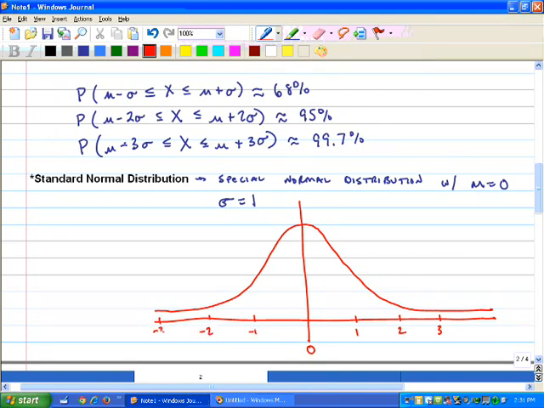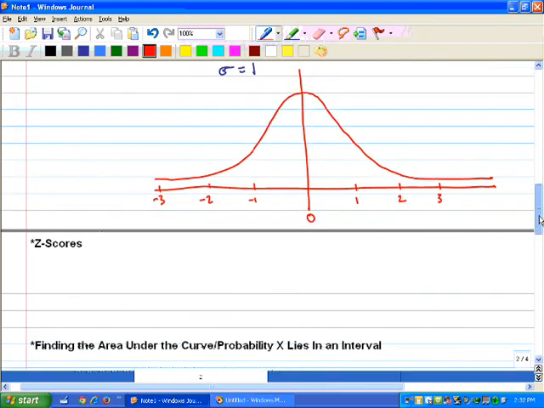Even though I'm not an artist, this is supposed to be symmetric, so you have to pretend that it is.